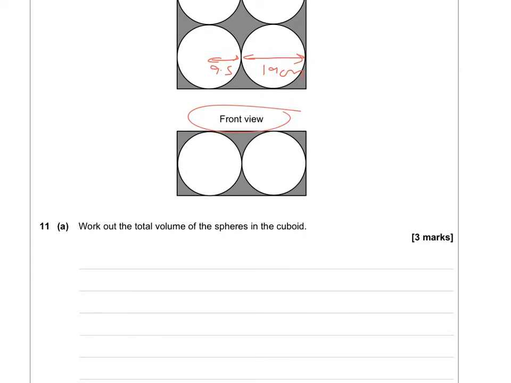Work out the total volume of the spheres in the cuboid. So the volume is equal to 4/3 times pi times 9.5 cubed multiplied by 4 because there are 4 spheres.